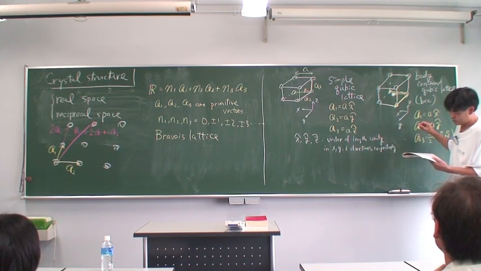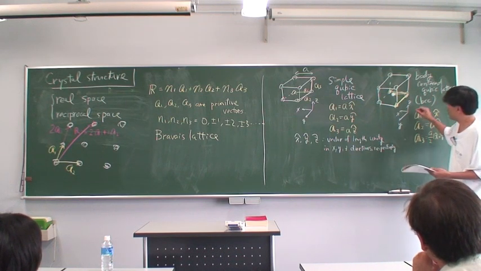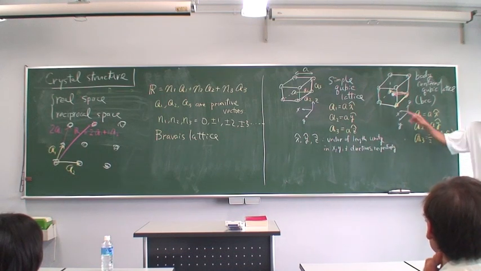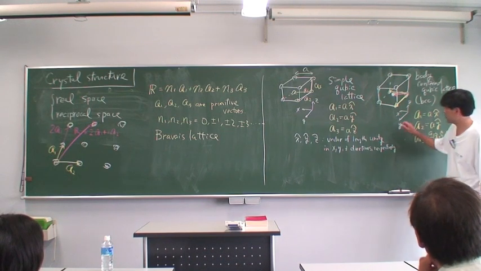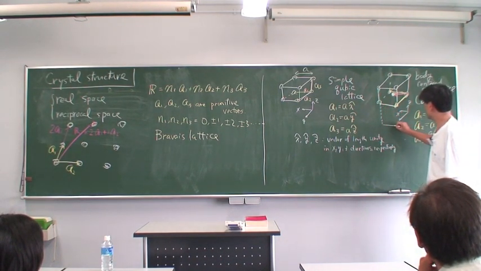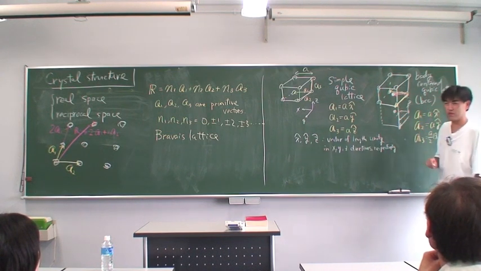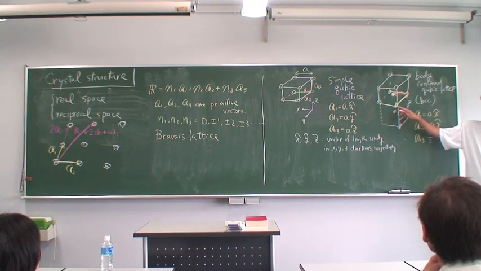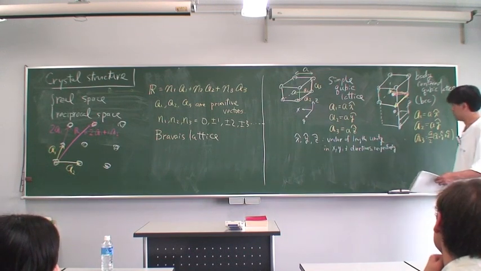I choose, let's see, one of them here to the center. Then I choose the other one. There's another atom in the bottom center of the bottom cube. So I choose this one.